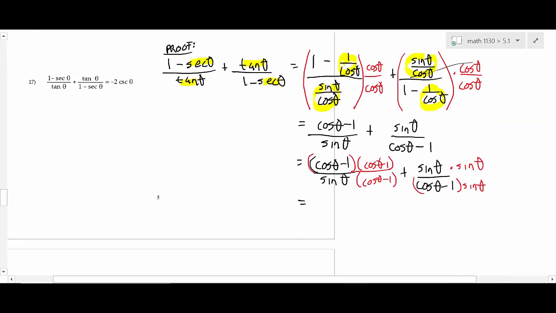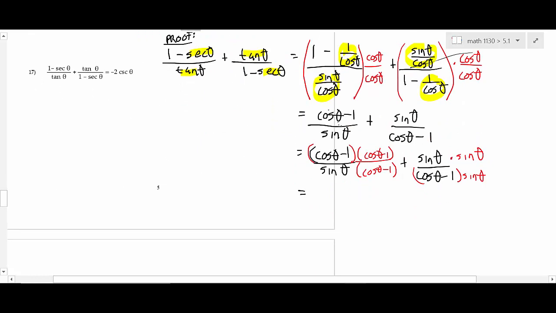Okay, so by doing this, we're going to multiply all this out. See, that's FOIL, so you need to do that, and then you need to multiply that out. Just leave the denominator factored. So I'm going to FOIL out this numerator right here, so that's going to be cosine squared theta, minus cosine theta, then minus cosine theta for the inside term, plus 1, all over sine theta times cosine theta minus 1.